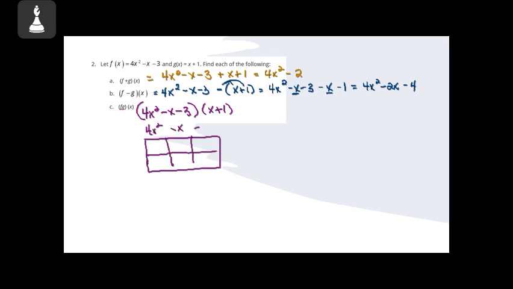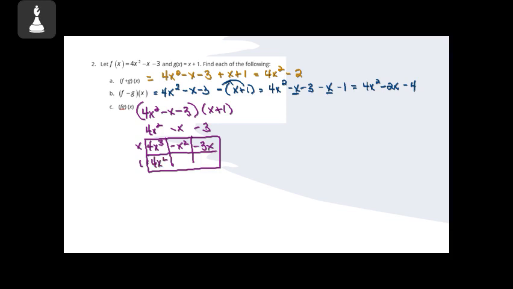So 4x squared times x is going to be 4x cubed. Negative x times x is negative x squared. And negative 3 times x is negative 3x. And now I'm going to multiply all of those same terms by 1. So 4x squared times 1 is 4x squared. Negative x times 1 is negative x, and negative 3 times 1 is negative 3.